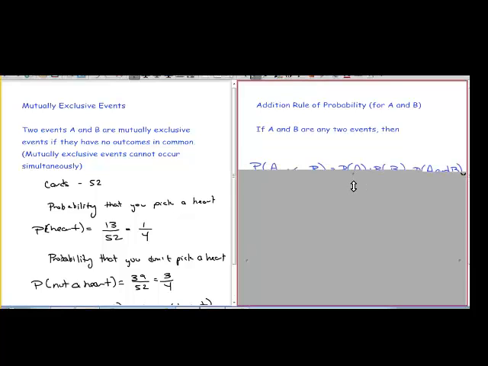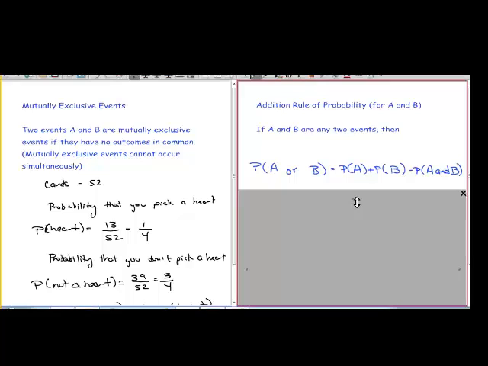And then we have this addition rule of probability. It looks very similar to the rule that we use for counting. But it says that if A and B are any two events, then the probability of event A or event B happening is equal to the probability of event A happening plus the probability of event B happening minus the probability of event A and B happening.